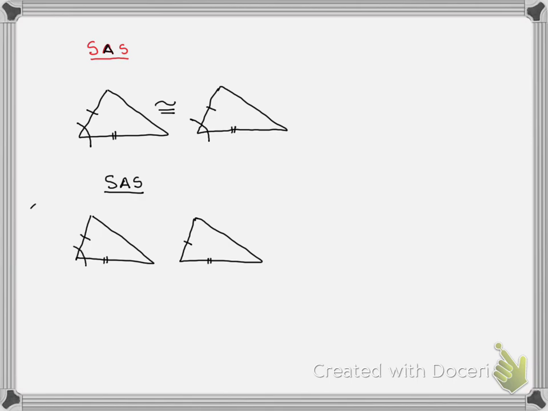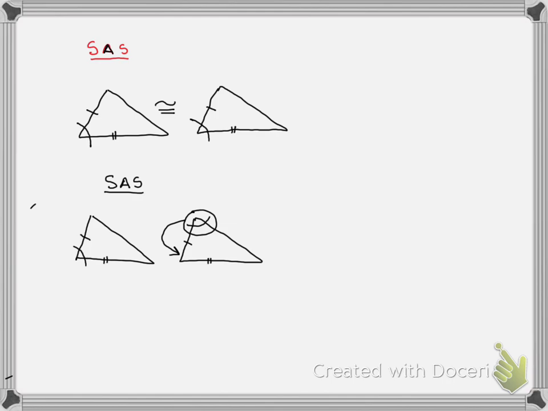This angle here I'm going to mark, and that angle there I am going to mark. As you can see, over here on the left, the angle is between the two sides, as it should be. The triangle on the right, the angle is not between the two sides. It should be right there, and it's not.